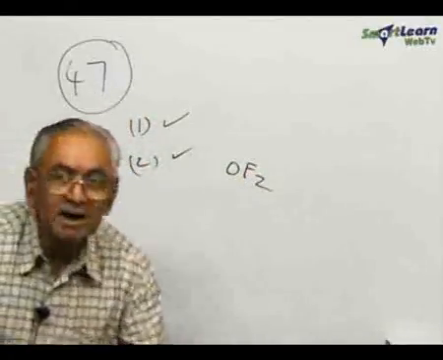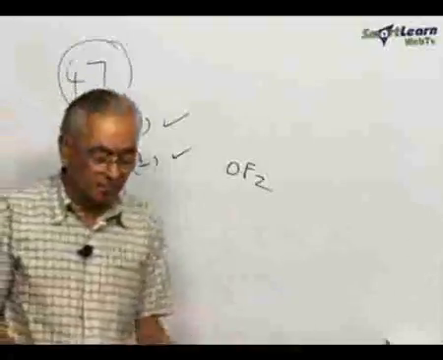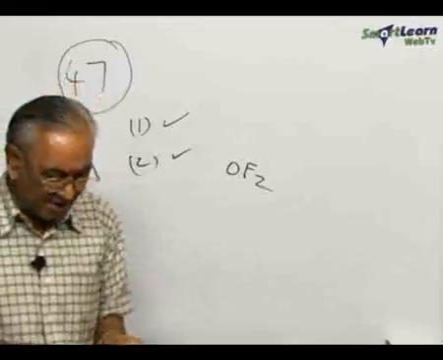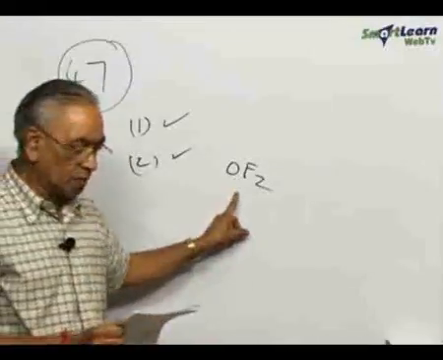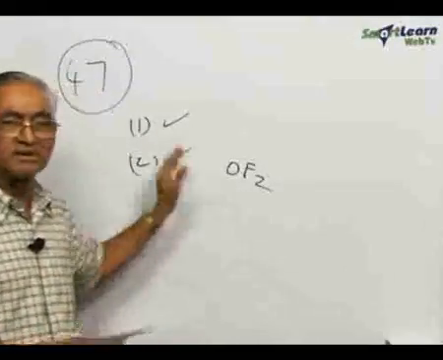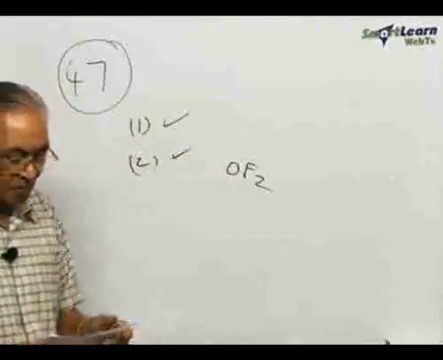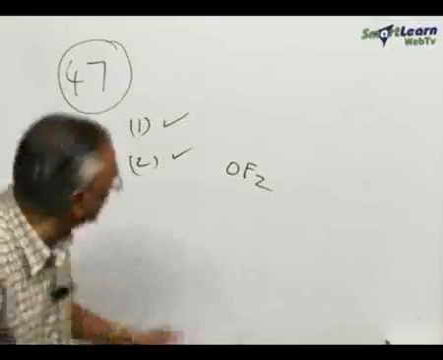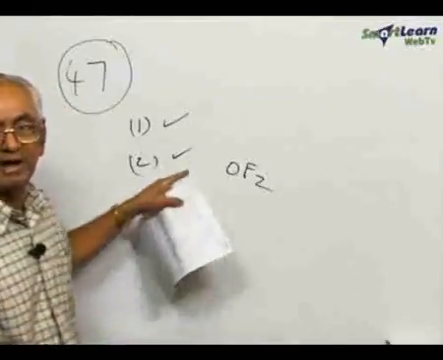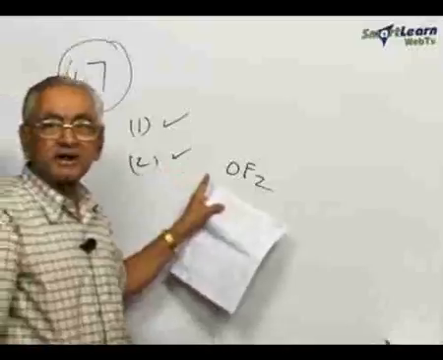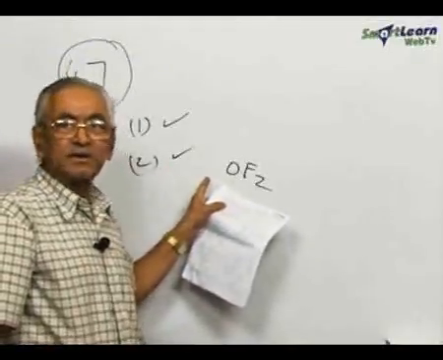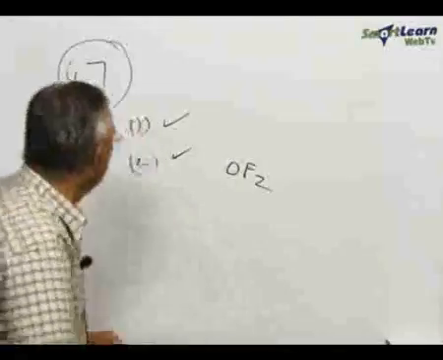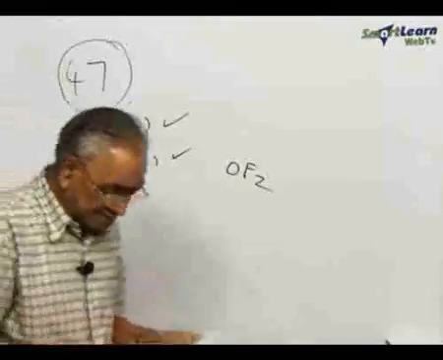So, in this particular case, the bond angles in OF2 are distorted by the bonding electrons near the fluorine, and therefore the bond angle is, as the statement says, less than 109.28. So, due to distortion the bond angle is less than 109.28, and therefore statement 2 is also correct. Now, let us go to statement number 3.